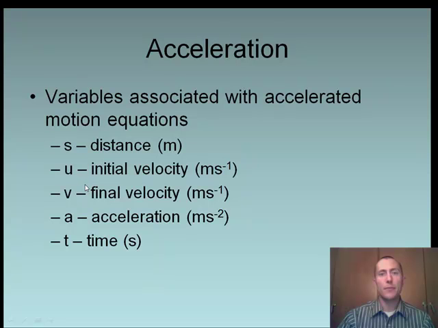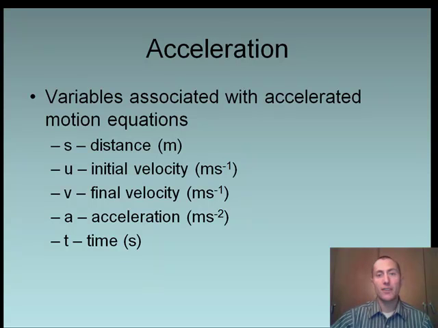Our final velocity is measured in meters per second, and we symbolize it with a lowercase v. Our acceleration is a lowercase a, and it's meters per second squared, and then time is our lowercase t, which we measure in seconds, s. These are the 5 variables that are going to be important in any kinematic situation, and we're going to be using these variables throughout the entire year, not just in kinematics.